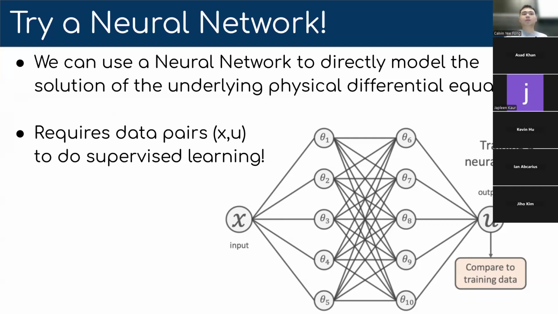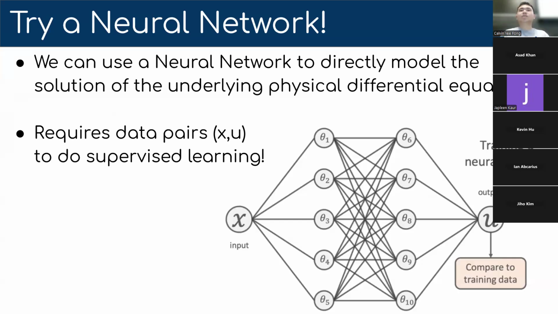Because if you recall, a neural network takes your inputs and processes them through some parameters to compute the output in the end. This output is just a prediction of the underlying true output, and we then have to compare it to the training data that we collected beforehand. Then we have to optimize the neural network to figure out these parameters. After the training process, we can then do predictions.